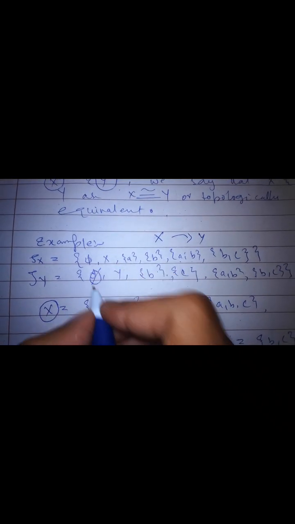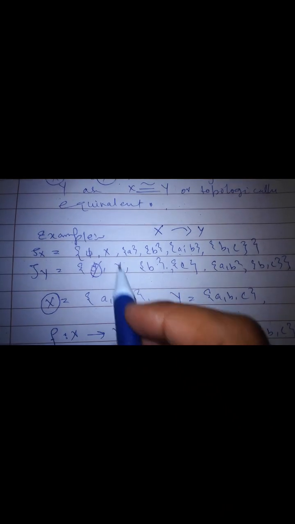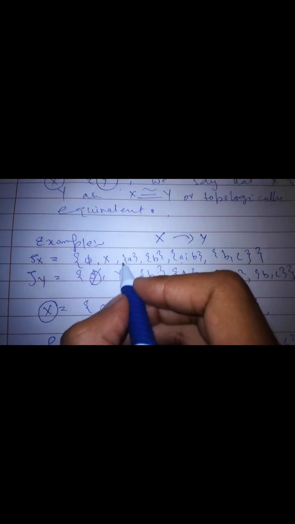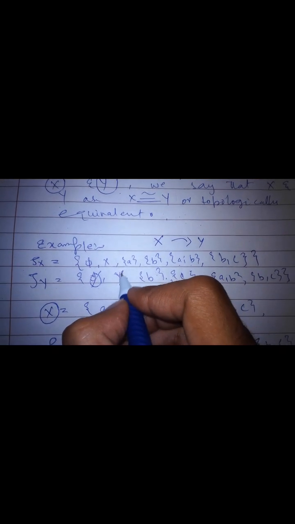This is a topology, and it is a sub-collection of the power set of Y. Likewise the null set and the whole set belong to the topology on Y, along with {b, c} and {a, b}, with unions and intersections closed. So we define a map from X to Y.